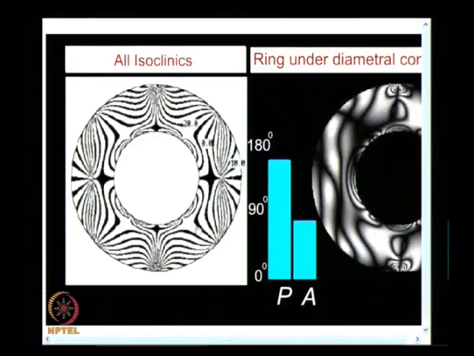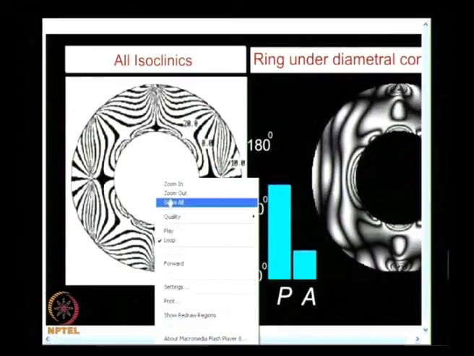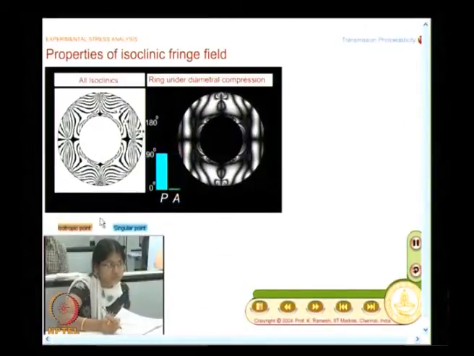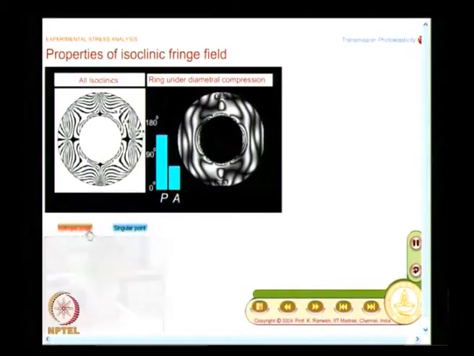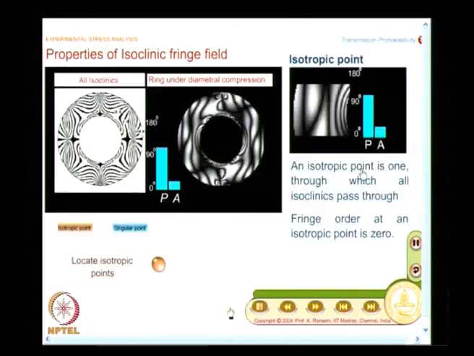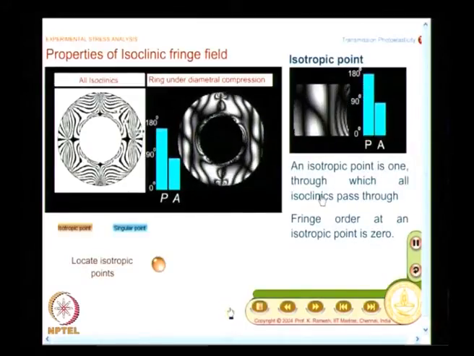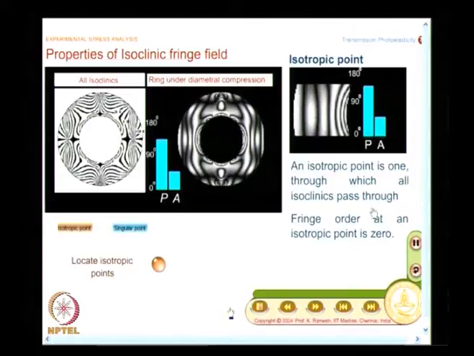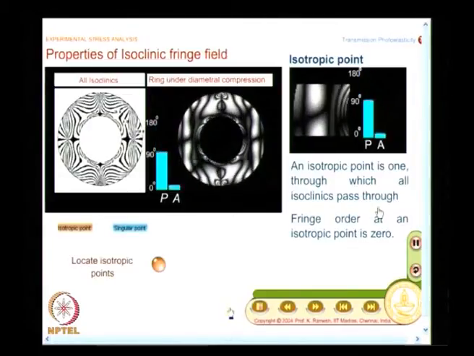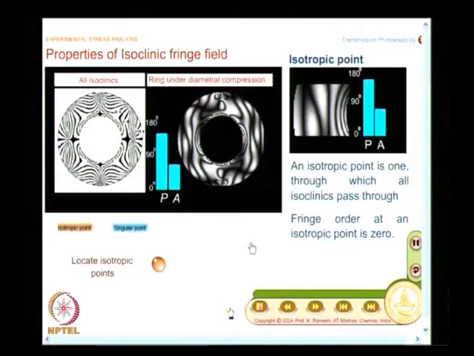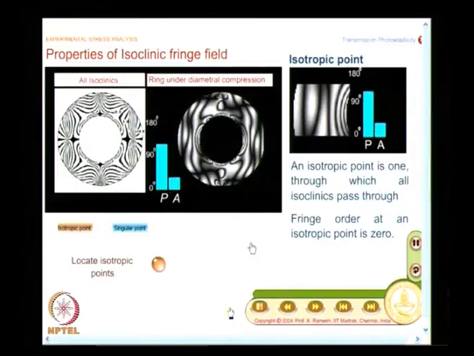Now, what we will do is, we will go and see what an isotropic point is. An isotropic point is one through which all isoclinics pass through. You have already seen, I have already helped you to tune your eyes to see that there are points in the model domain where all isoclinics pass through.